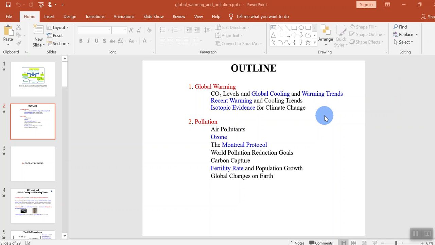In other words, when CO2 levels go up, temperature goes up, and so on. Pollution, we talk about ozone, the Montreal Protocol, fertility rates and population growth, and so on.